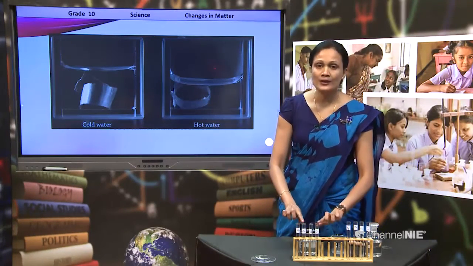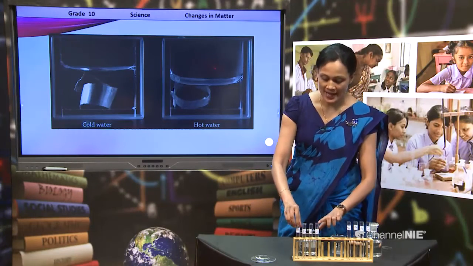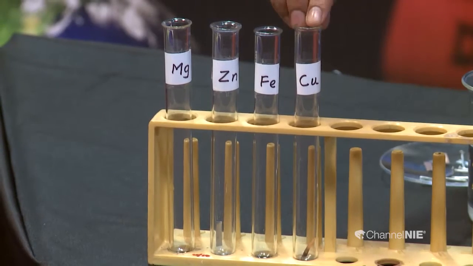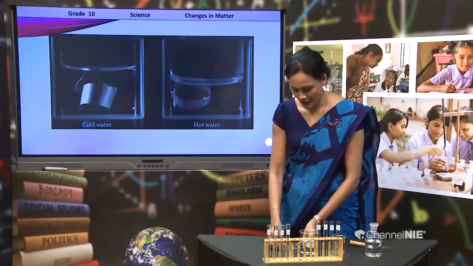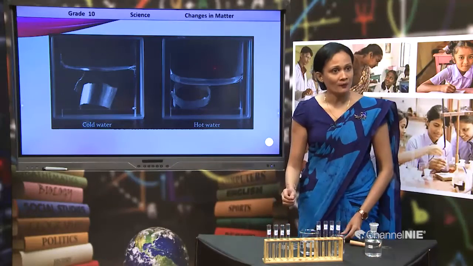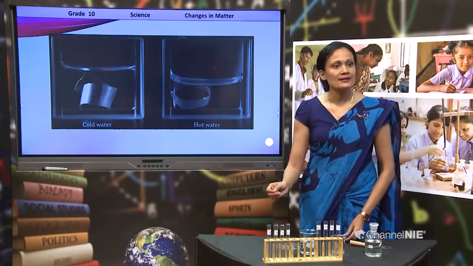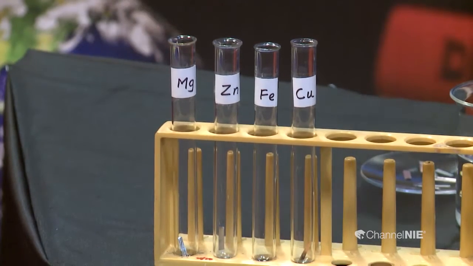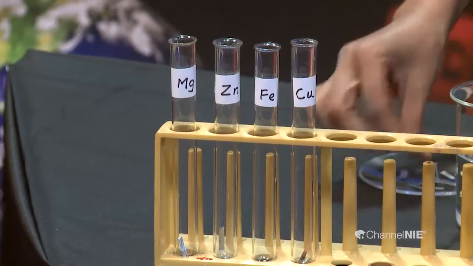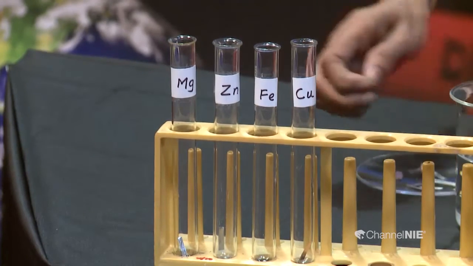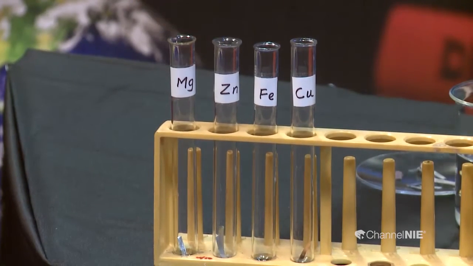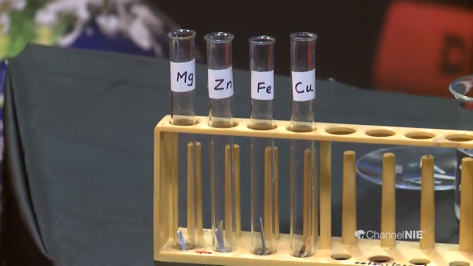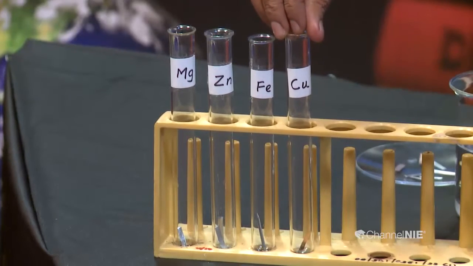Here I got four test tubes labeled as magnesium, zinc, iron and copper. Now I am going to add the strip of metal into each test tube. Here I put magnesium, then zinc and iron and here copper.